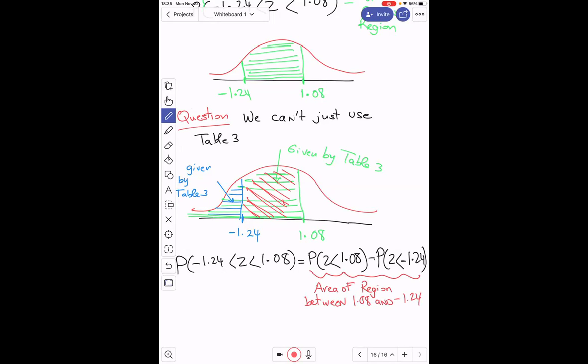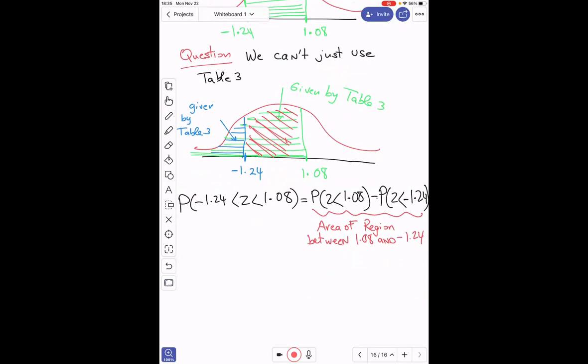Now let's compute this. First we need the area to the left of 1.08. This is positive. The nearest tenth would be 1.0, and the nearest hundredth would be 0.08. If you check the table on the second page, of course, this is positive, so it's 1.08.